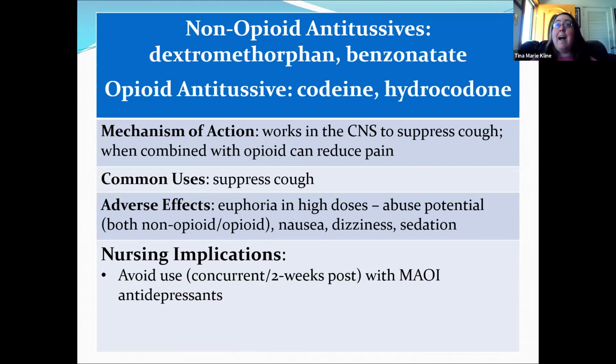I have had patients that have pulled muscles in their chest from persistent coughing. So that can definitely be a concern. So there's opioid and there's non-opioid. Although the non-opioids too, if taken in high doses, do produce a euphoria. So there is a potential for abuse there.